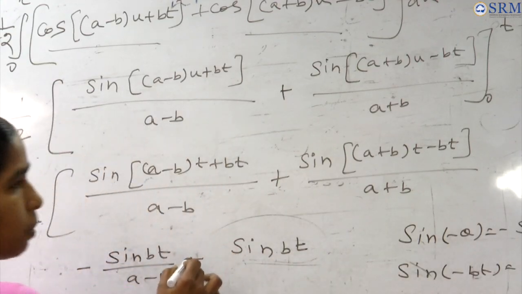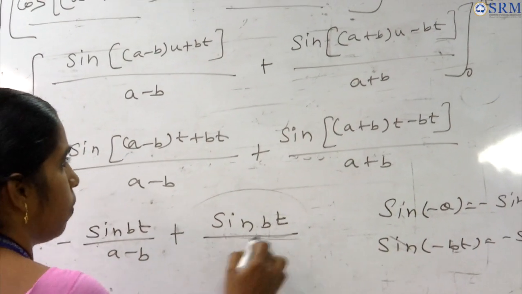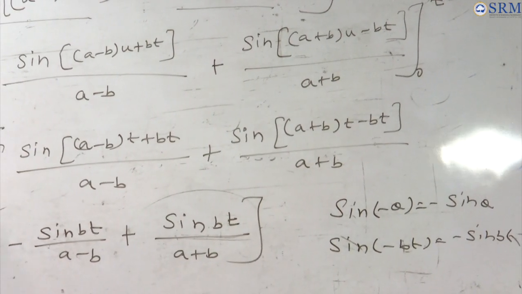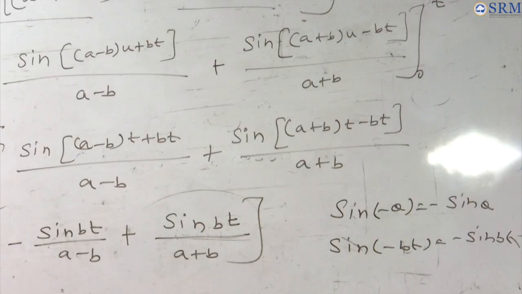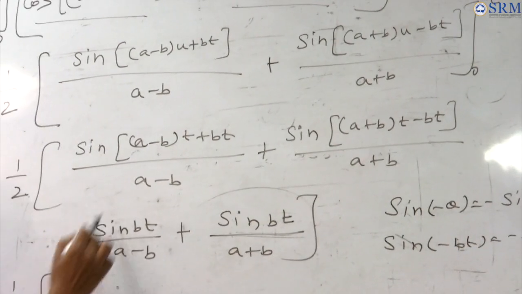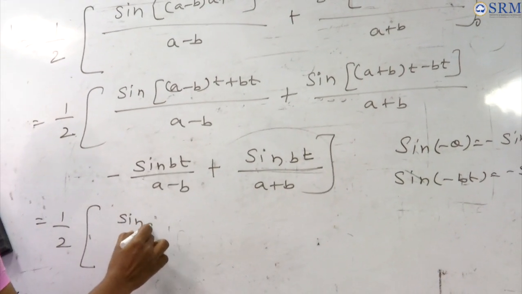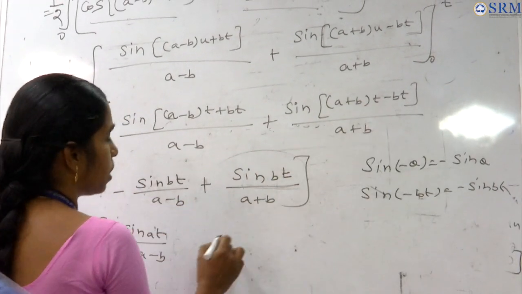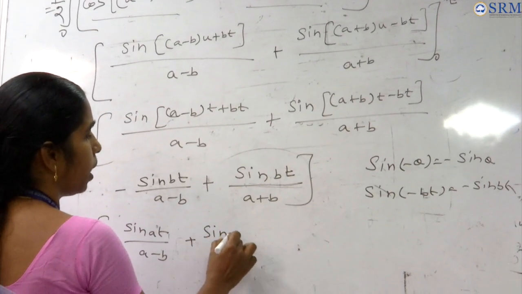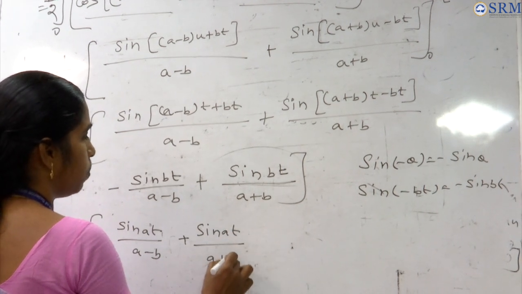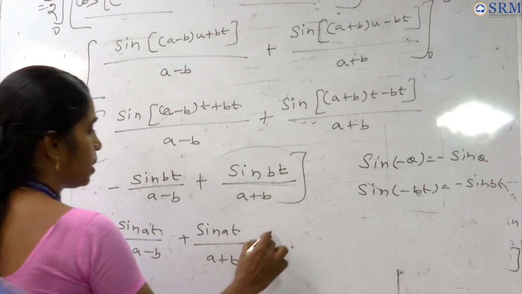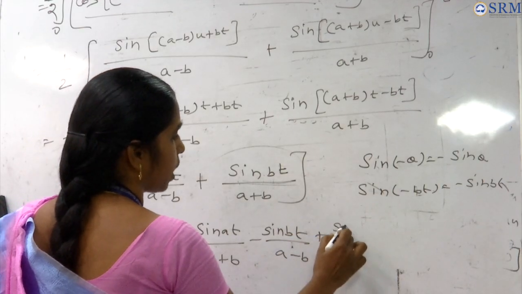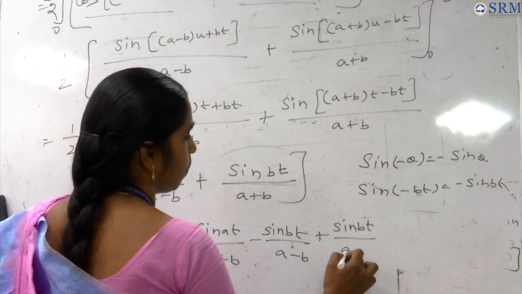Already minus lower limit is minus, minus into minus plus, 1 divided by a plus b. So this is 1 by 2 [sin at divided by a minus b plus sin at divided by a plus b minus sin bt divided by a minus b plus sin bt divided by a plus b].